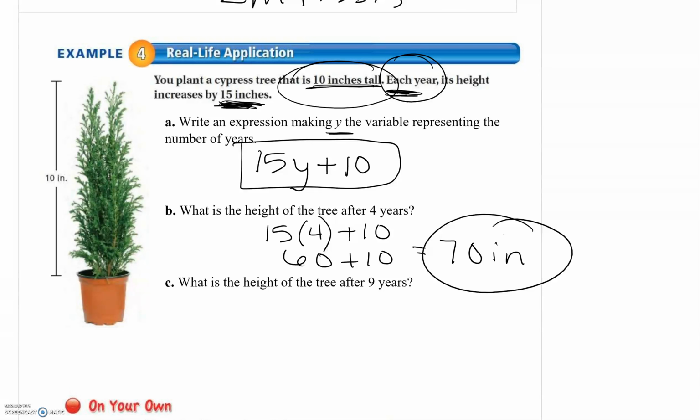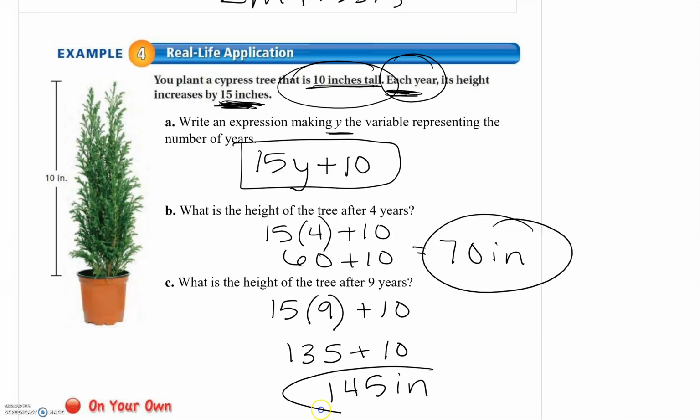Okay, then what is the height after 9 years? So do it the same thing again. I have 15 times 9 plus my 10, so order of operations, 15 times 9 gives me 135, and then I want to add that 10 to it. So that's going to give me 145 inches after 9 years.